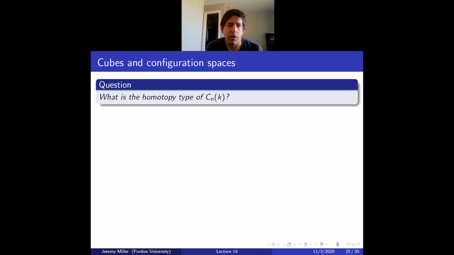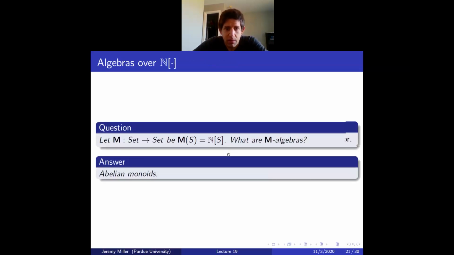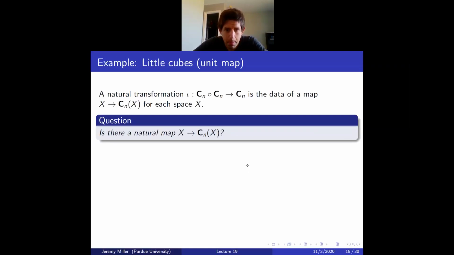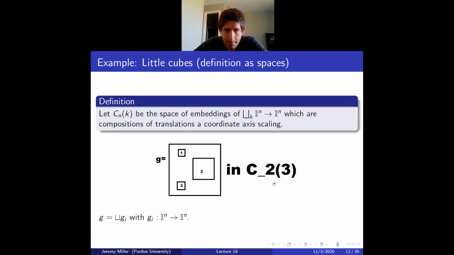So let's talk about cubes and configuration spaces. In terms of objects we've considered before, what's the homotopy type of CNK? This is the space of k n-dimensional cubes in an n-dimensional cube, or the space of embeddings of a disjoint union of k copies.